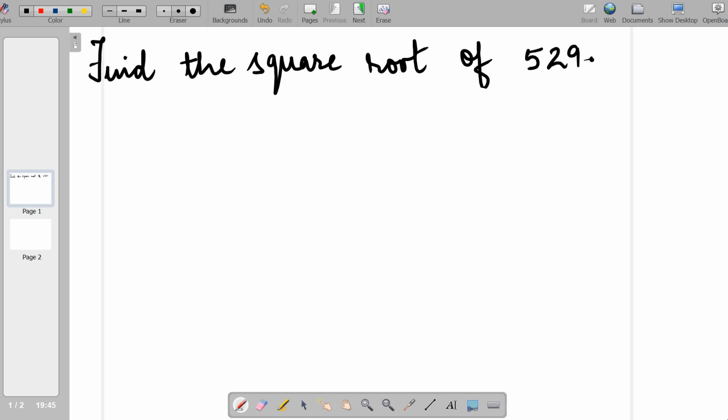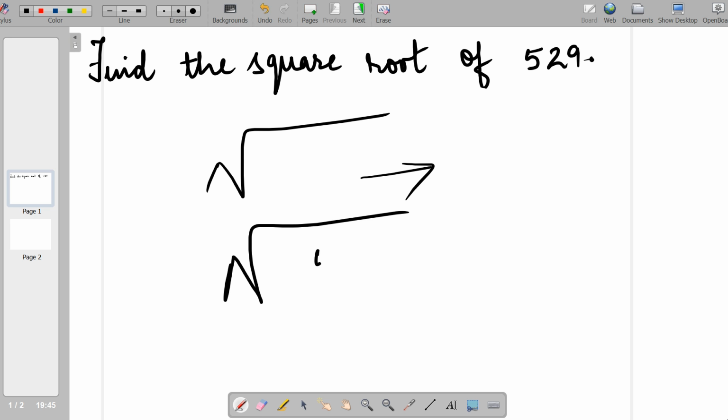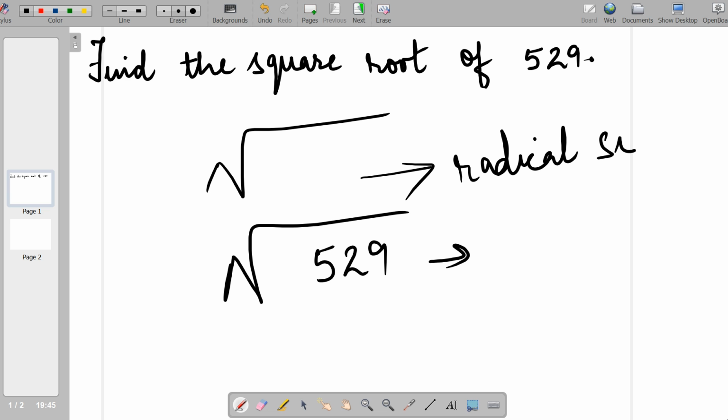Before starting any question on finding the square root by the division method, you should know two things. What is this sign known as, and if some number is written underneath this sign, what is that number known as? This under root is known as the radical sign or radical symbol.